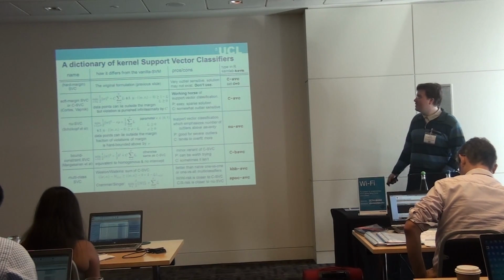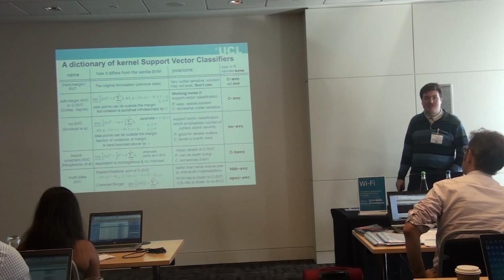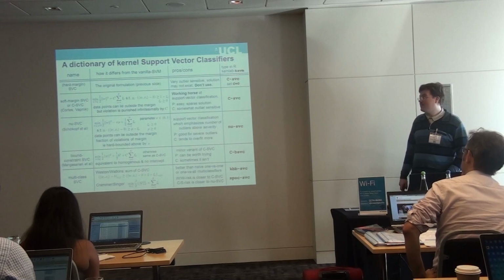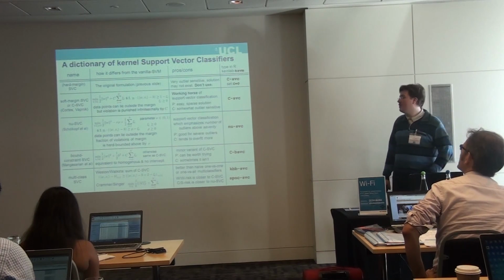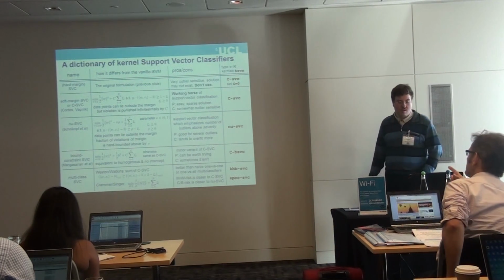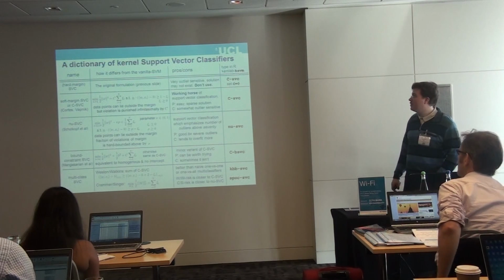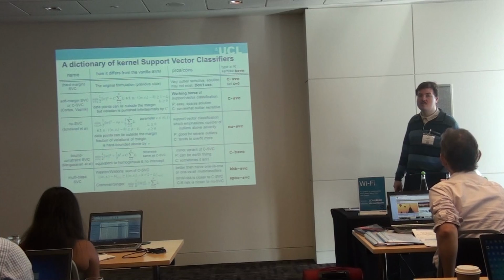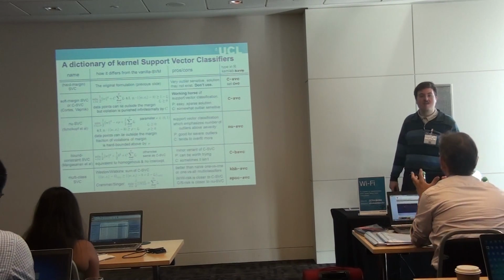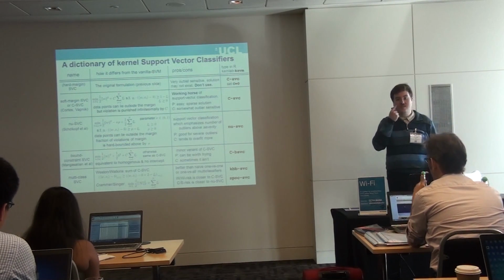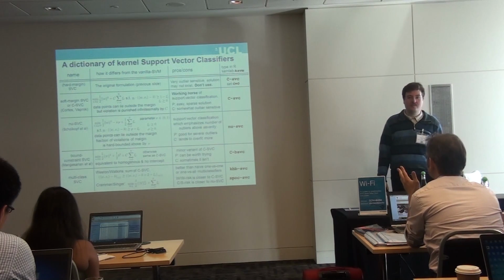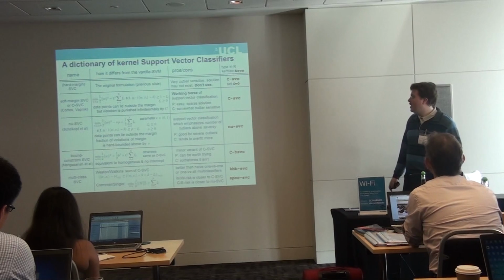Okay, questions about this list of support vector classifier variants? I'm going to give you the slides. So in principle, the support vector classifiers are there to make the process easier and work better. It makes the problem easier to solve, right?